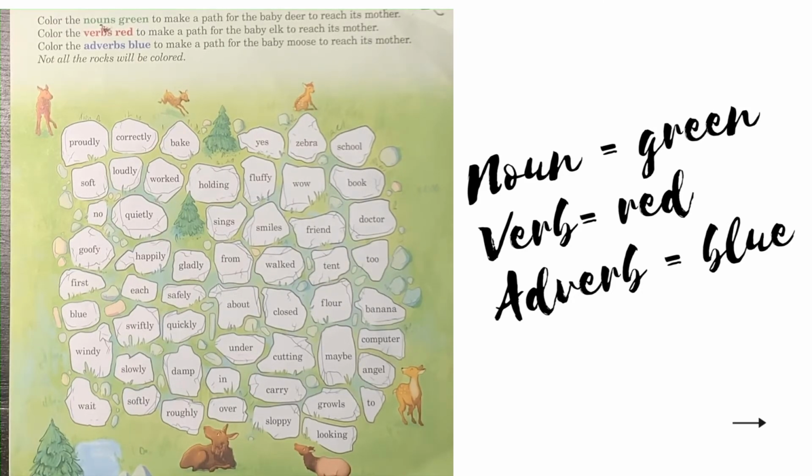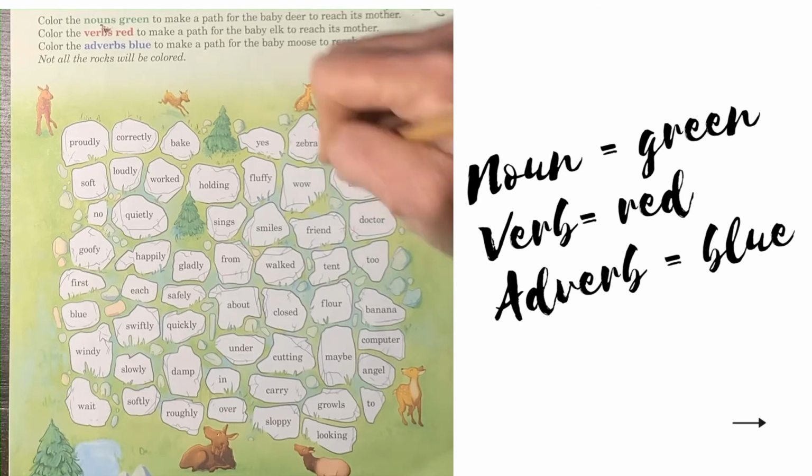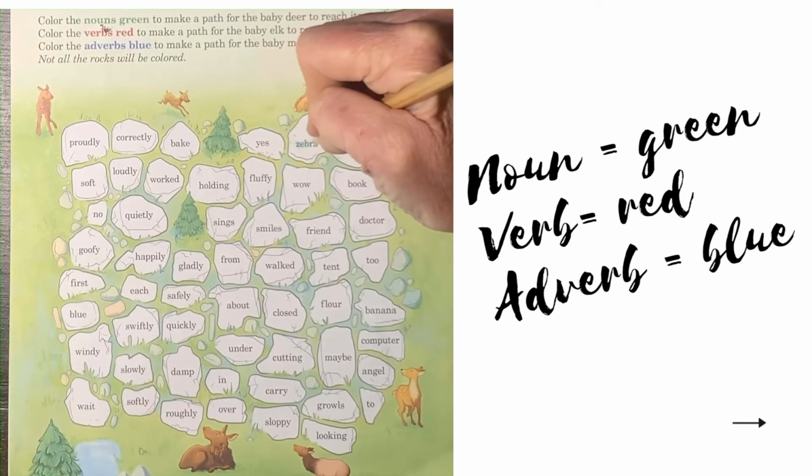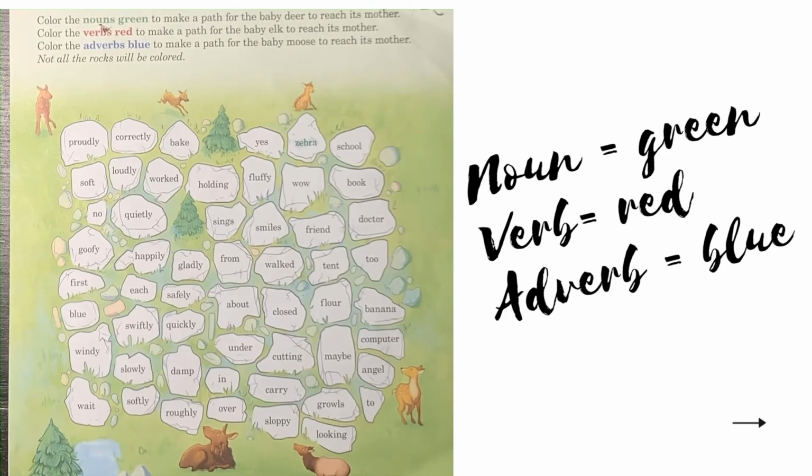All right, let's go ahead and take a look here. The first one I'm going to do, I'm going to pick an easy one. I'm going to do zebra. Well, I know that's a thing, so I'm going to color it green. Let's try going down. Wow.